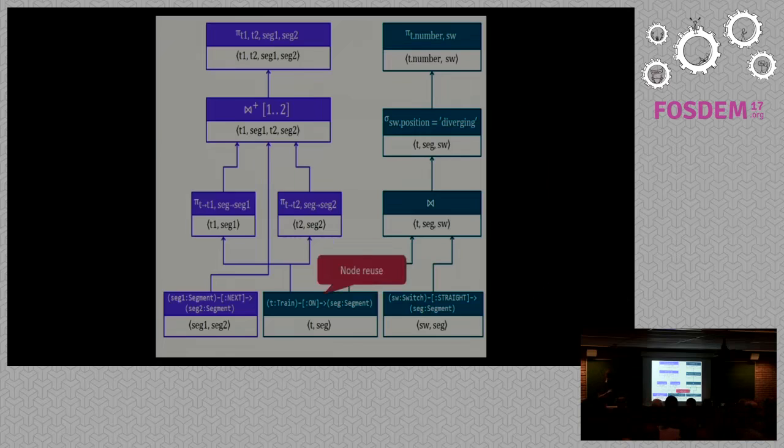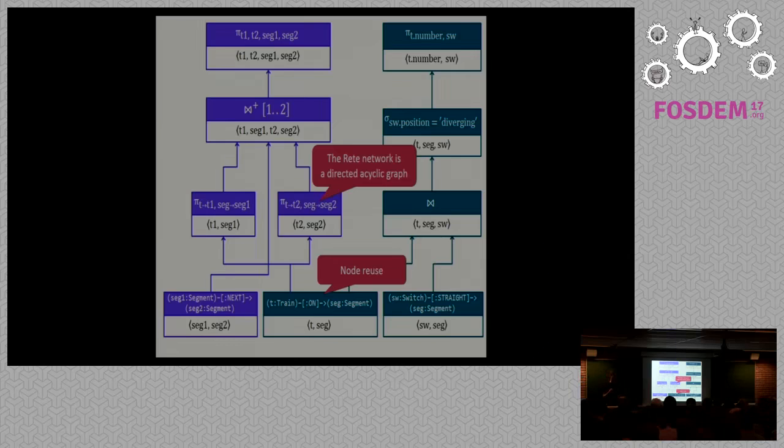And as you can notice, we have a feature called node reuse, which means that if we have a node that is used by multiple parts of the Rete network, then it can be reused, and this saves a lot of memory if you have a lot of constraints. The figure also shows that the Rete network is basically a DAG, a directed acyclic graph, and that allows it to reach a fixed point pretty quickly upon evaluation.